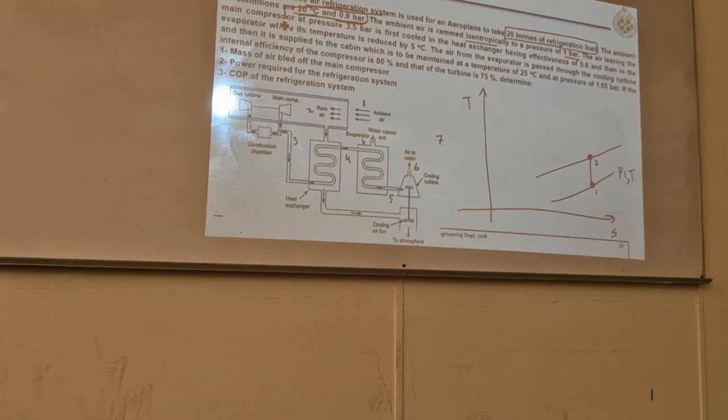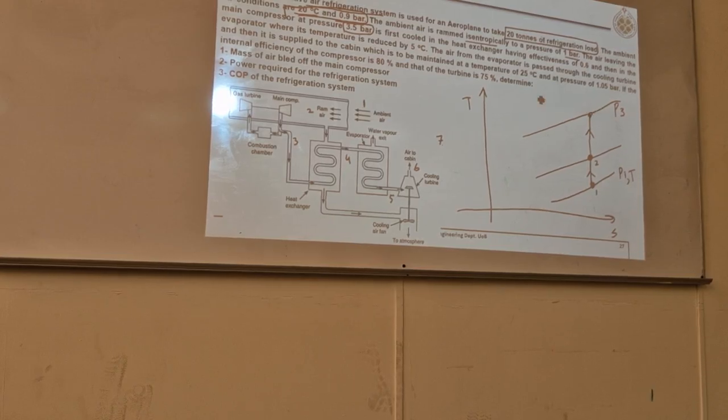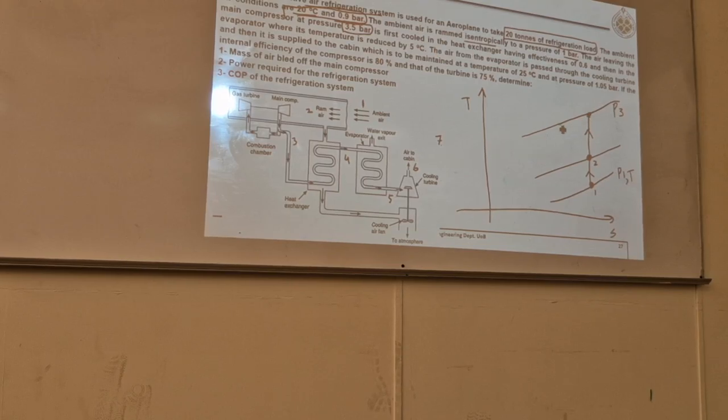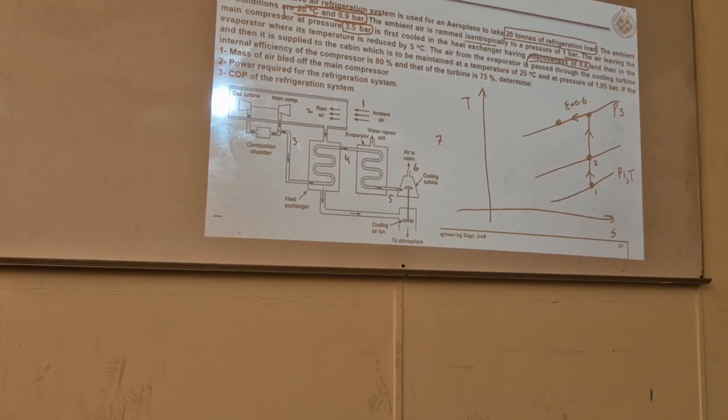The air leaving the main compressor, now it enters into the main compressor. The air leaving the main compressor, this P3, is how much? 3.5 bars. Okay. Now it is first cooled in a heat exchanger having effectiveness of 0.6.